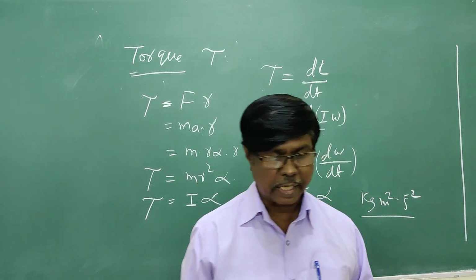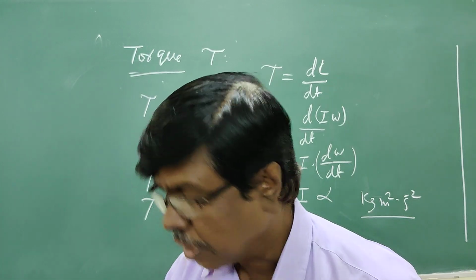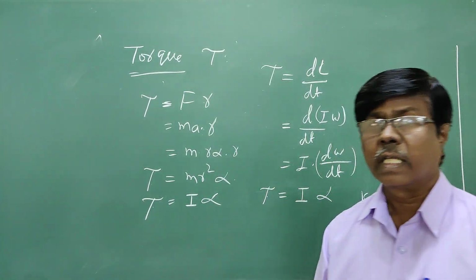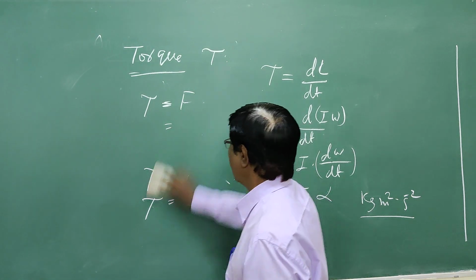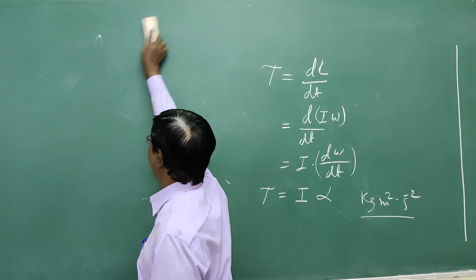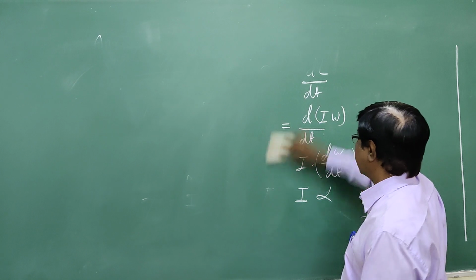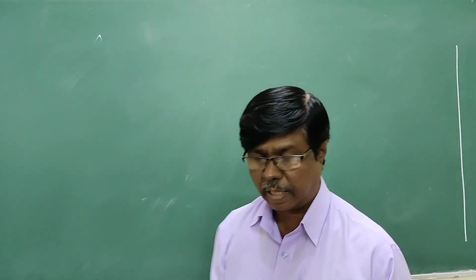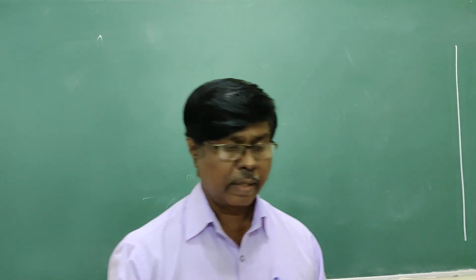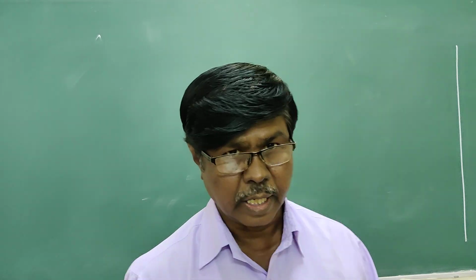Next is the perpendicular axis theorem. We calculate the first two theorems: one is the perpendicular axis theorem, the next is the parallel axis theorem. That I will give in the next class.